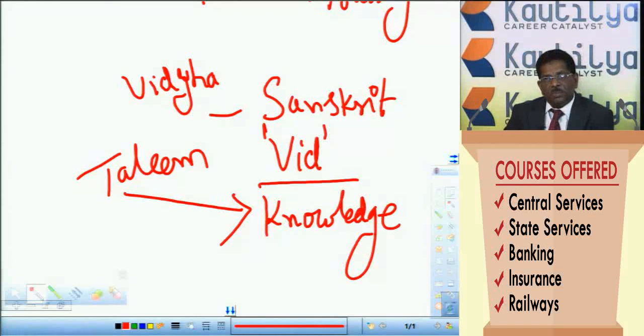It is also believed that the word has derived from the Persian word talim, whose equivalent in English is knowledge. So pedagogy, in brief, means how to lead the child by providing education.